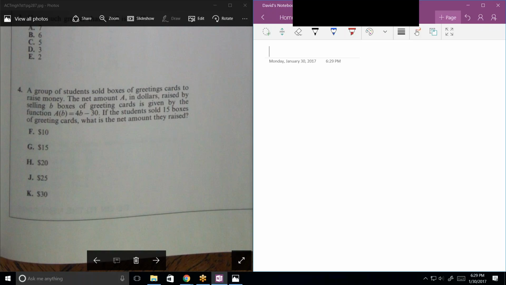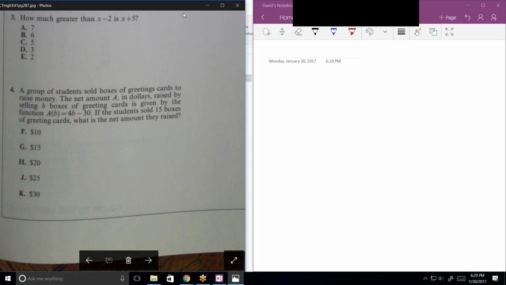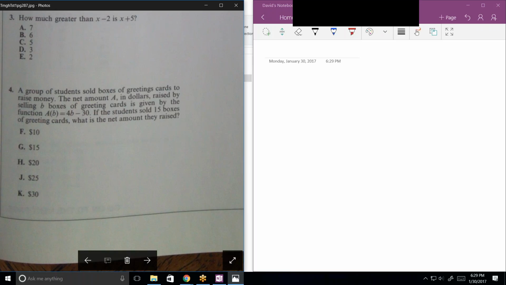The first 3 sentences don't really give you any information. What they're asking you to do is, what is A of 15? They're giving you this equation and they're saying, what is A of 15? You get used to that because these tests tend to do that a lot. They tend to give you a lot of information that you don't necessarily need.